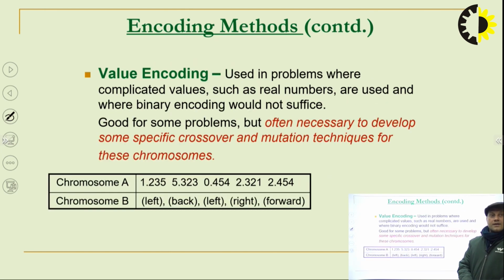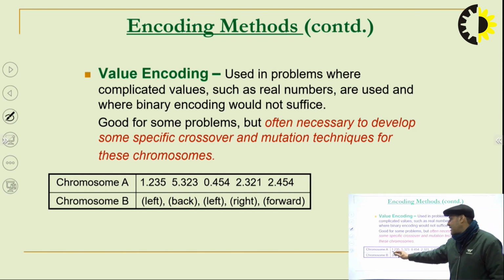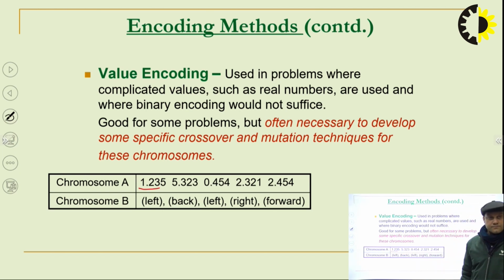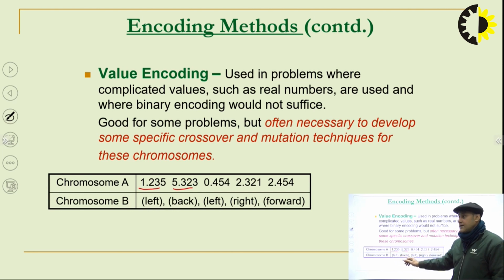Okay. Third is value encoding. What is value encoding? Here we just keep some values. Value encoding means we use values, such as real numbers, where binary encoding would not suffice. For example, chromosome A will have some real numbers: 1.235, 5.323, 0.454, and chromosome B is left, back, left, right, forward.